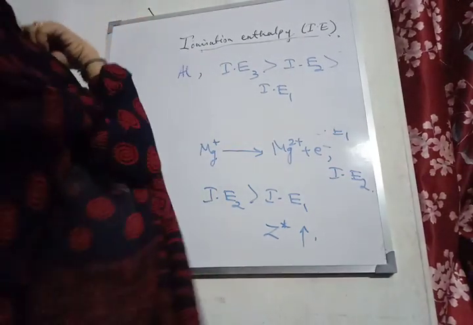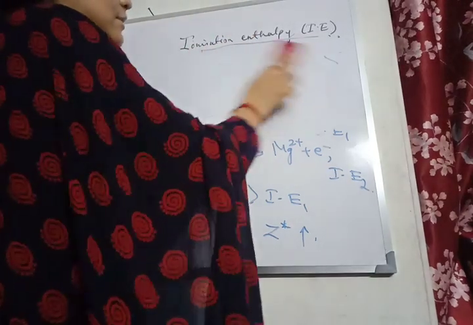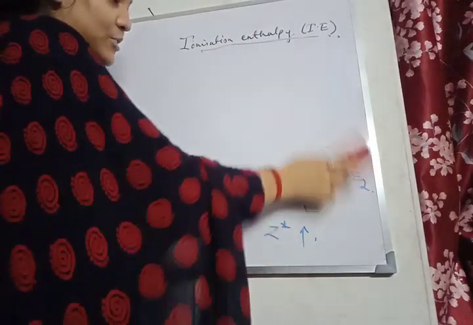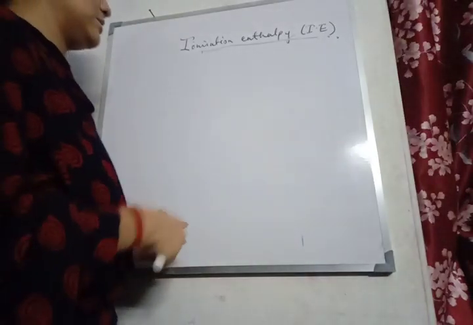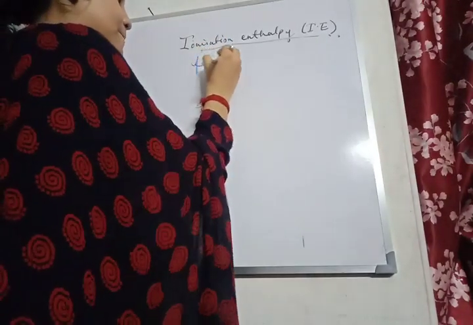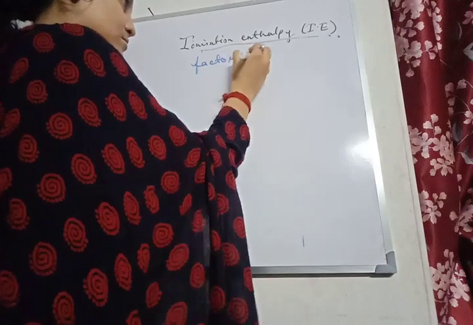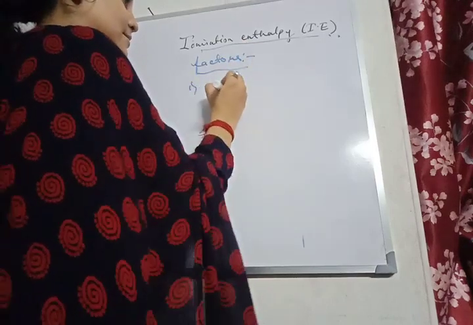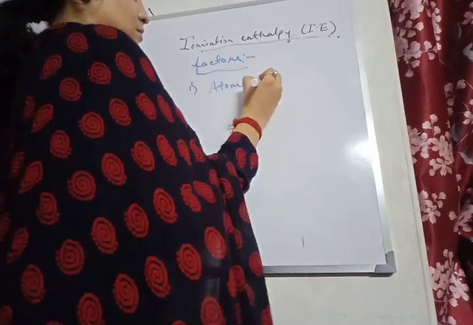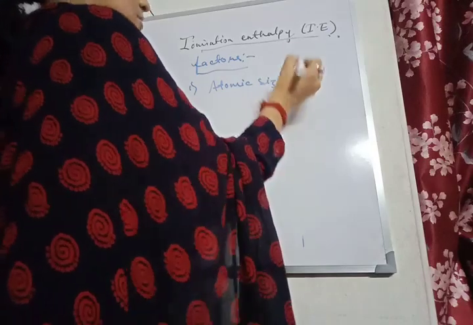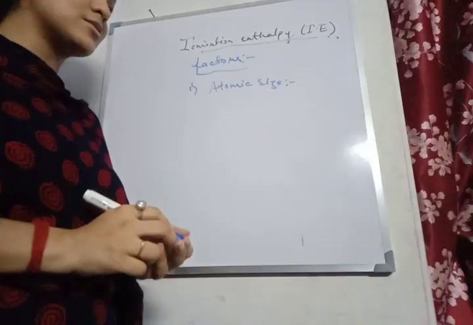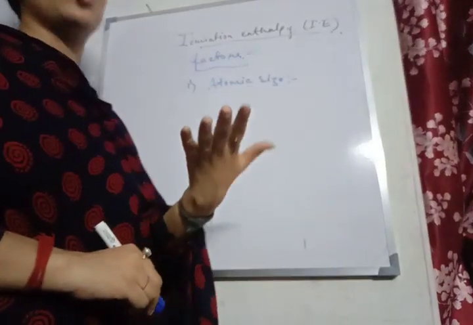Okay, now we come to the factors affecting the ionization potential. Number 1, atomic size. Atomic size or radius is the distance between the nucleus and the outermost shell.